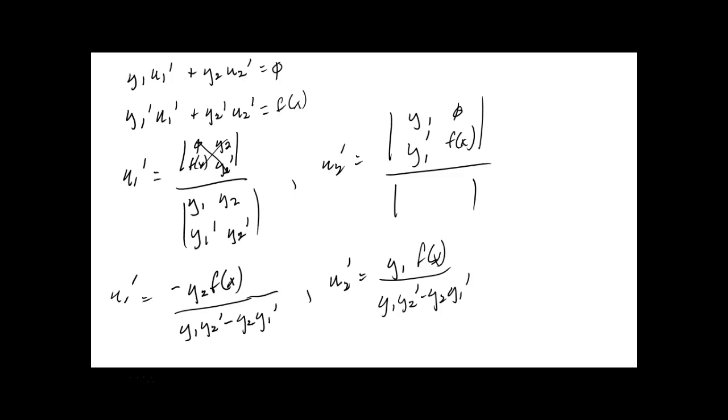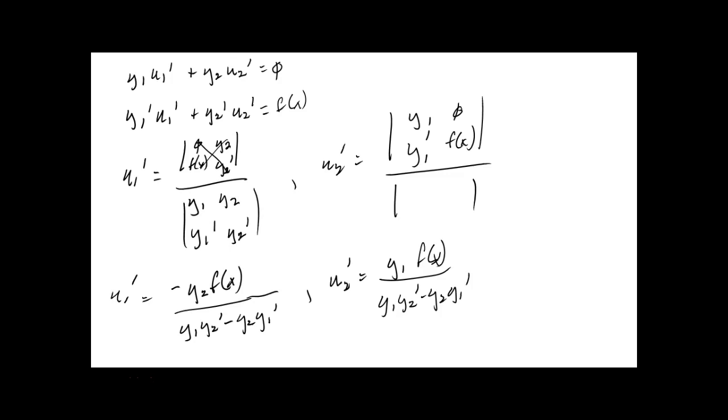Why did we call those W's, or why did he call them W's? The determinant W is recognized as the Wronskian of y1 and y2. If you remember the Wronskian, you put y1, y2, y1 prime, y2 prime. That was the Wronskian of the solutions for your homogeneous case.